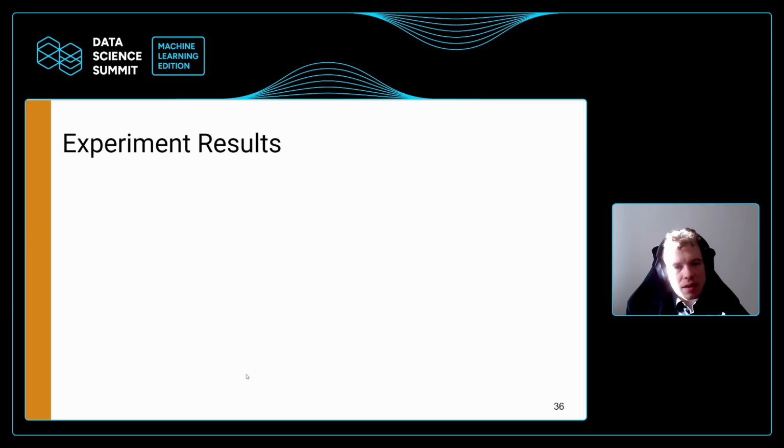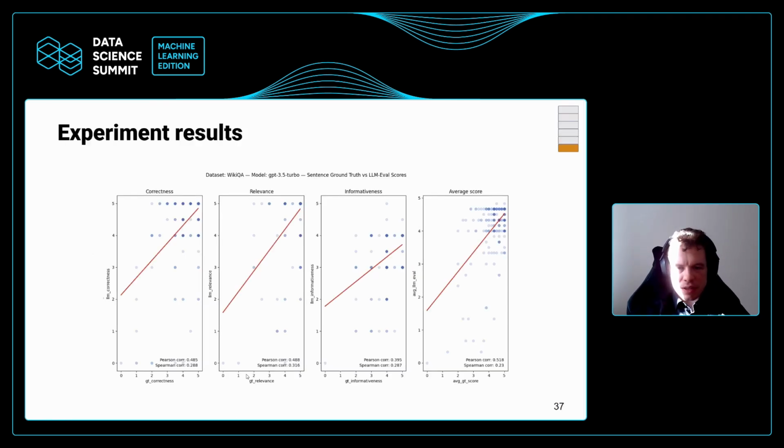Now, the last thing, since we still have like one or two minutes, is the experiment results. So what you see here is basically the correlation between the human evaluators for each of the answers. We used, I think, one of the Wikipedia data sets that was scored by human evaluators. So human evaluators said whether the answer is correct, relevant, informative, and then the average.